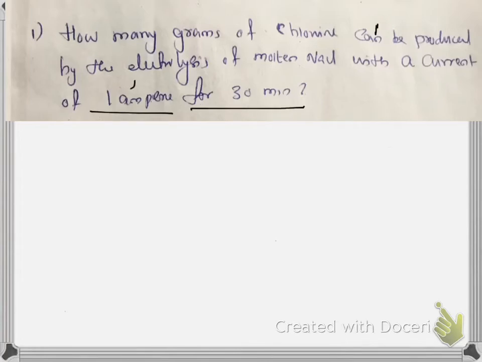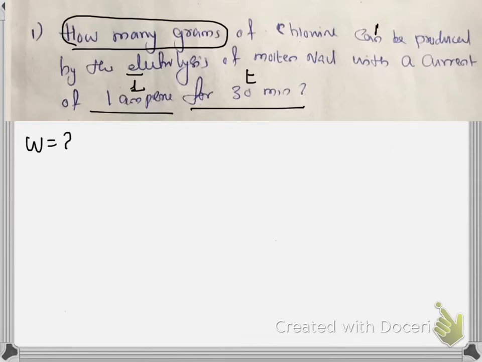Here current I is given, time t is given, but it is in minutes, and we need it in seconds, and the question is how many grams. So from the previous discussion you can clearly say that we have to calculate W, and they have given I and T. The real equation is W equal to ZIT.